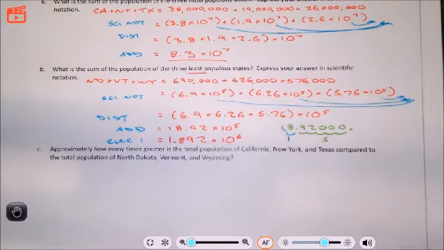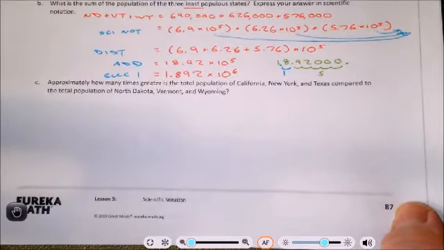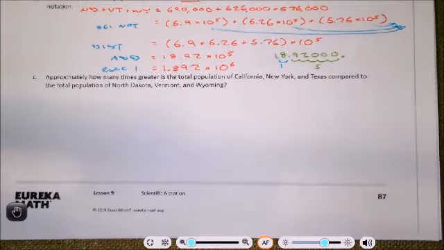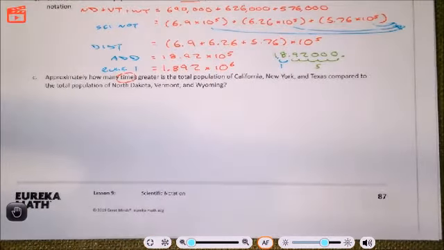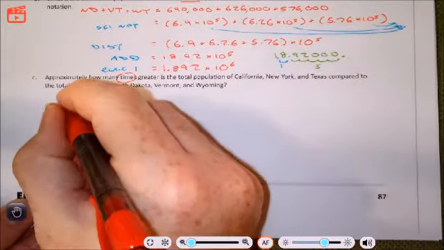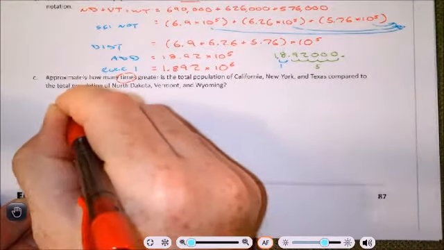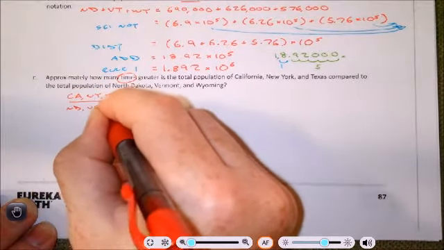for part C was a little bit different from exercise 7 because instead of asking what is the difference or how much larger, it's asking how many times greater this is. So this is not a subtraction problem for part C, it's a division problem because what they want us to do is how many times greater is California, New York, and Texas than North Dakota, Vermont, and Wyoming.